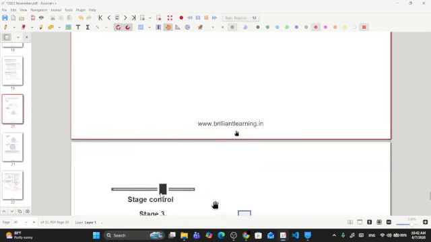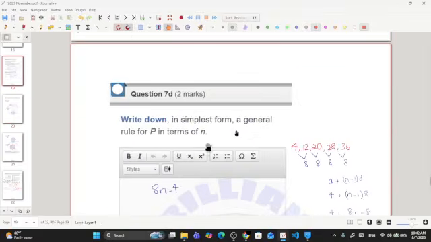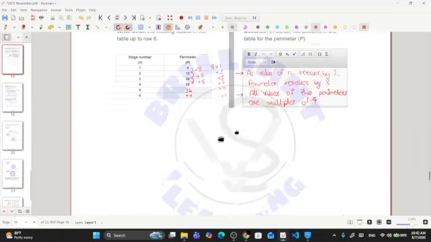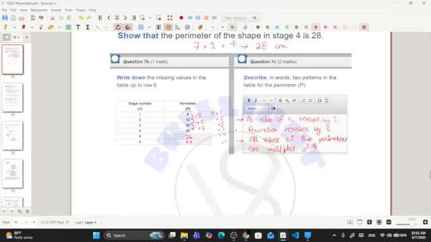Let's focus on the part where it talks about length first. Here, the length was 1 centimeter. Here, the length was 3 centimeters. Here, 5 centimeters. Here, 7 centimeters, 9, and then 11, right?